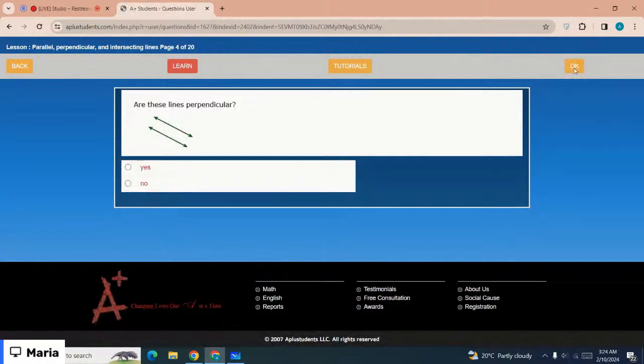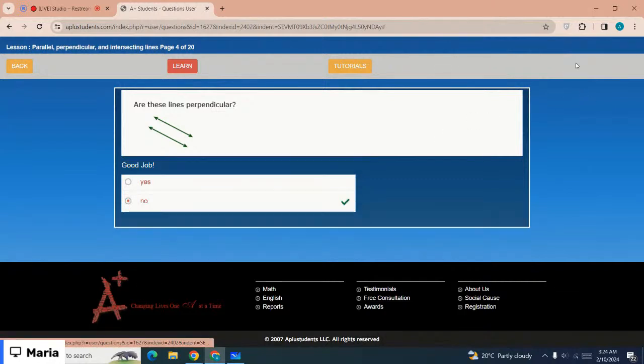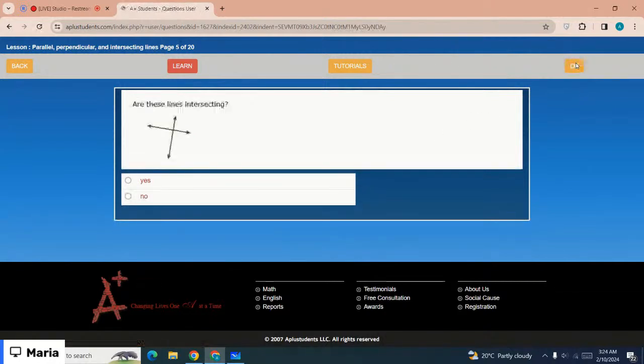Are these lines perpendicular? No, they are not perpendicular. Got it? Are these lines intersecting? Yes, they are intersecting.